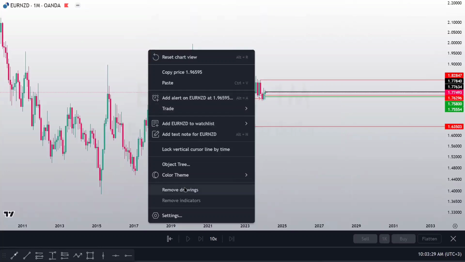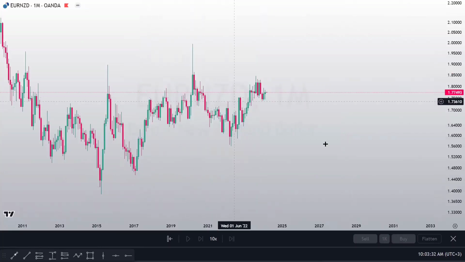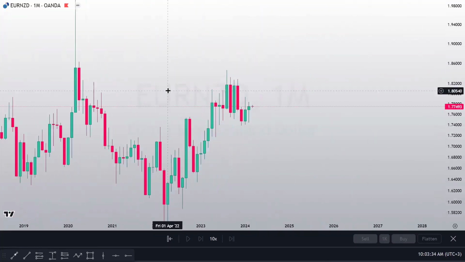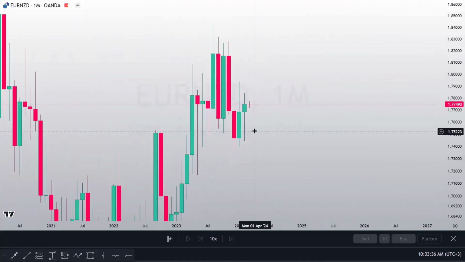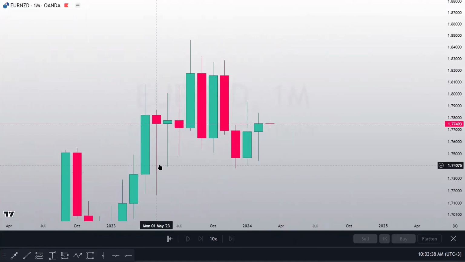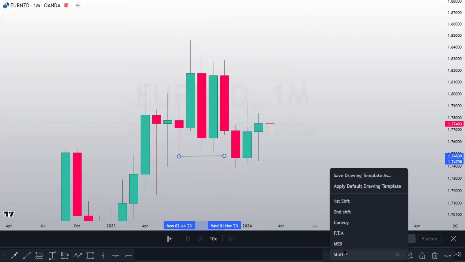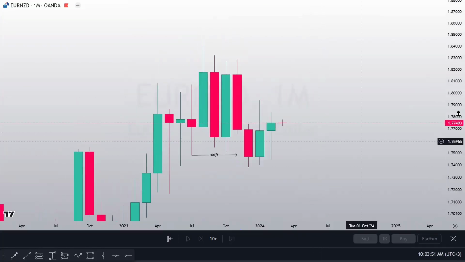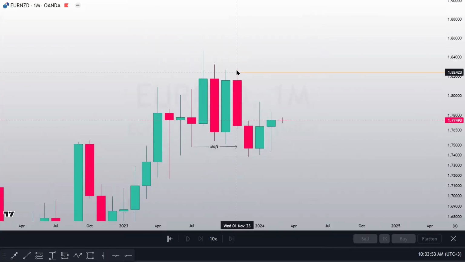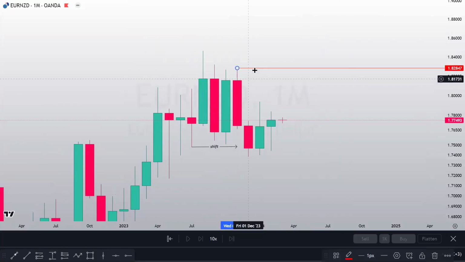Also, considering this EURNZD pair, if you observe clearly, we are having a shift. Marking the shift on this area was very hard for a lot of people, but we were having the shift on this area right here. We also have this inside formation right here.